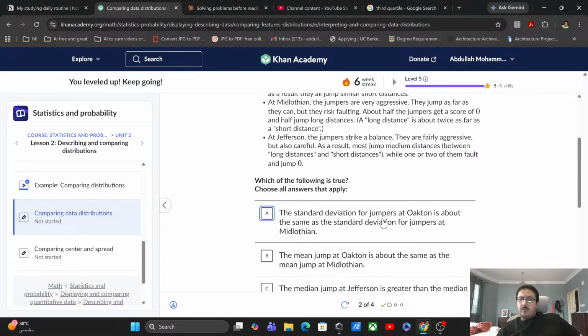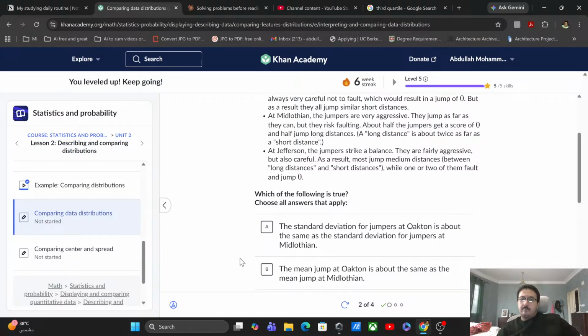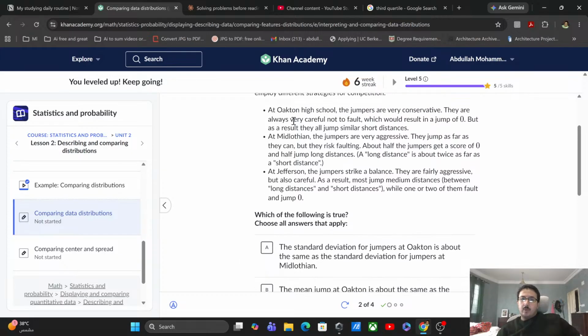The standard deviation for jumpers at Octane is the same as the standard deviation for jumpers at Middleton. Nope.